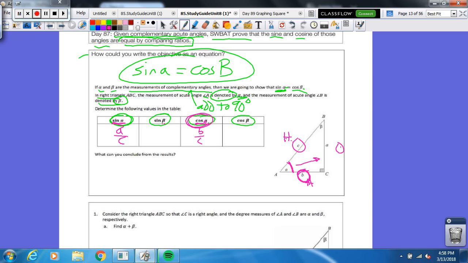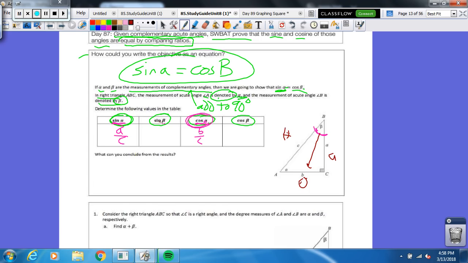So let's get rid of all of this, because now I'm going to change my reference angle. My new reference angle is going to be beta right there. What am I going to be looking at? Right here. So now here is the hypotenuse, here is the opposite, and here is the adjacent. Sine of beta, that's the opposite over hypotenuse.